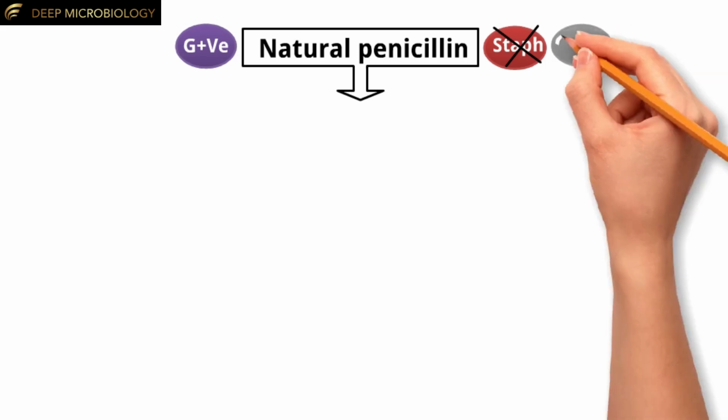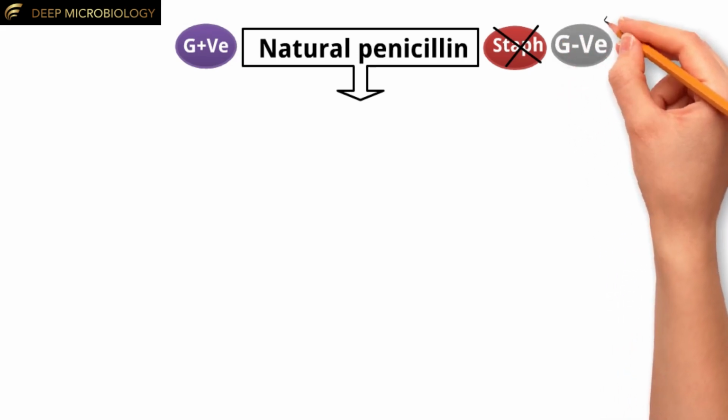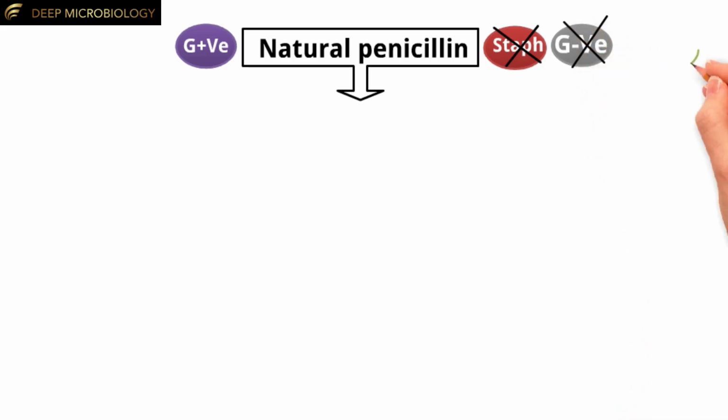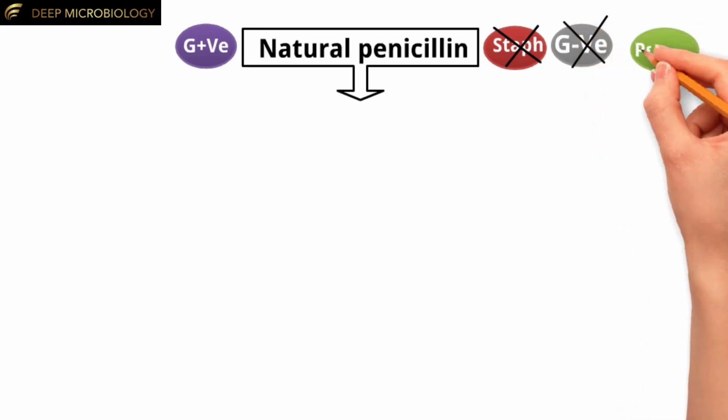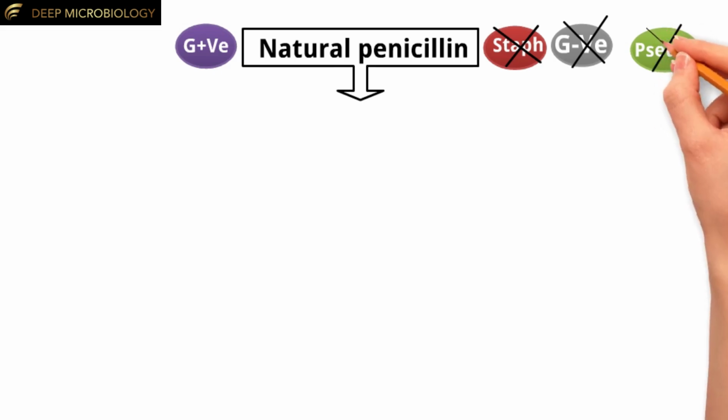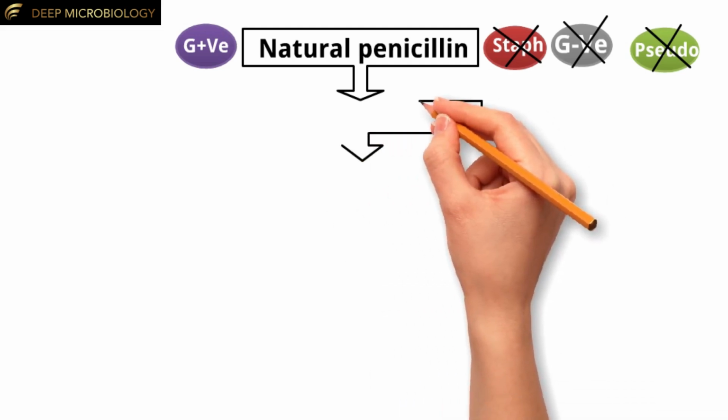It is also ineffective against gram-negative bacteria due to the hydrophilic properties of porins, which limit antibiotic penetration. Additionally, it does not cover Pseudomonas because this bacterium uses efflux pumps to expel toxic substances, including antibiotics, from the cell.